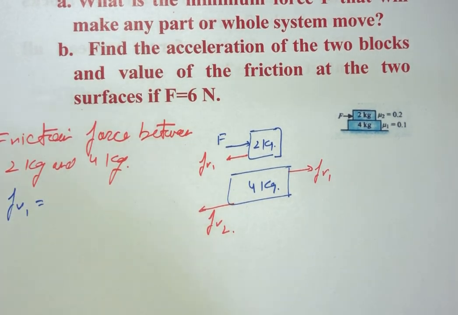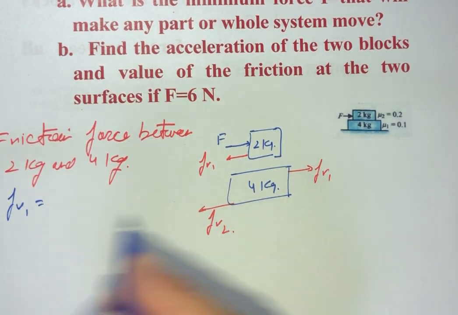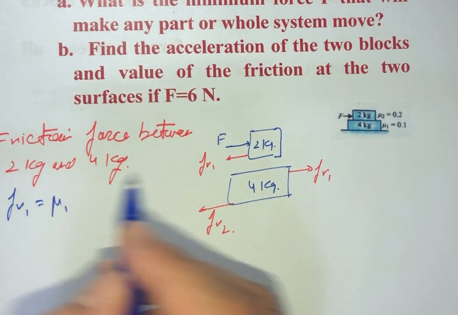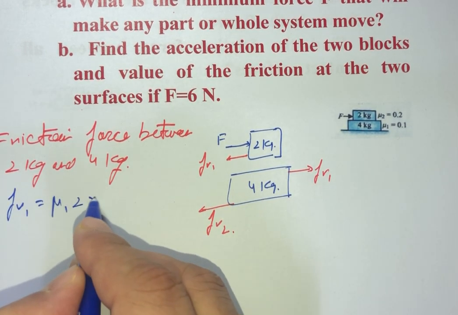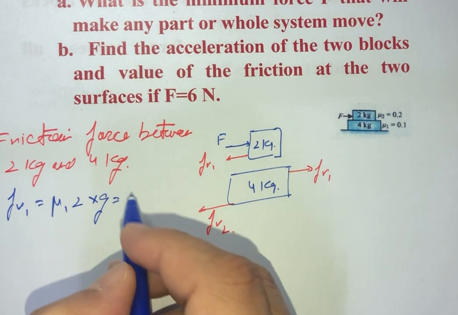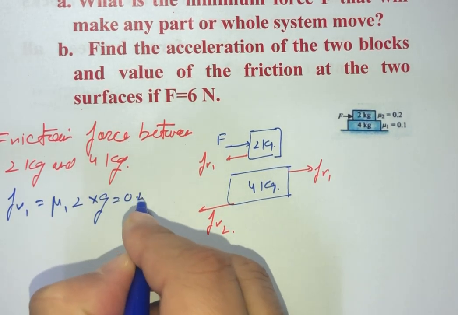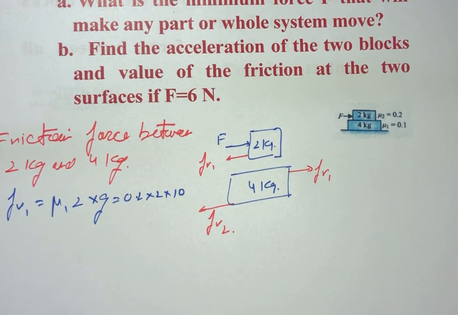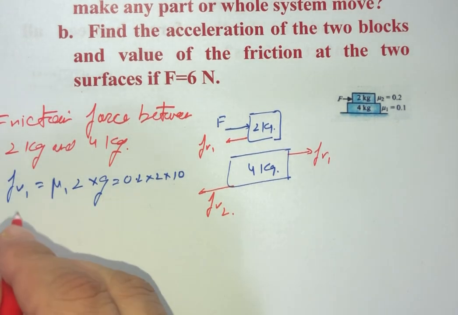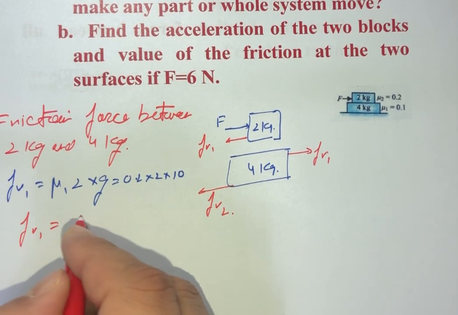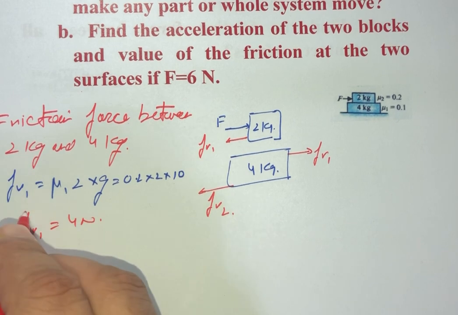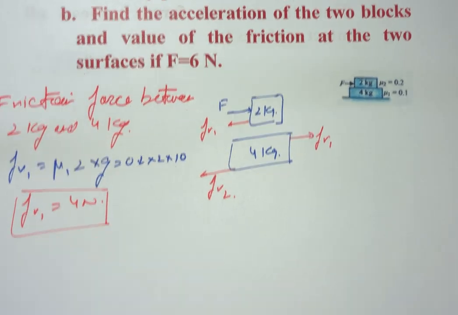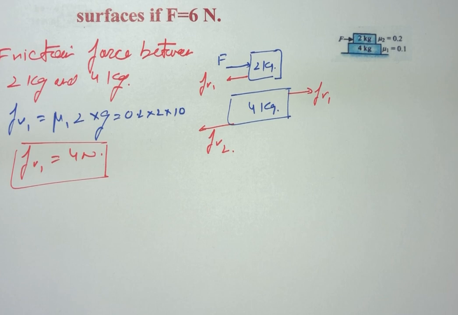So Fr1 will be equal to mu1 into 2 kg into g, and mu is given as 0.2, 2 into, let us take g as 10. So we are going to get Fr1 as 4 newtons. And this was our frictional first part.